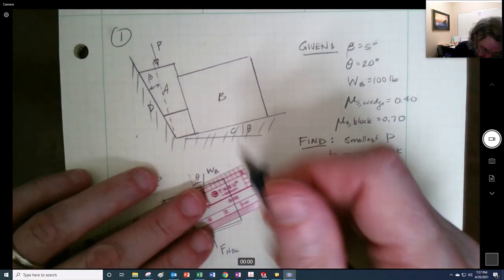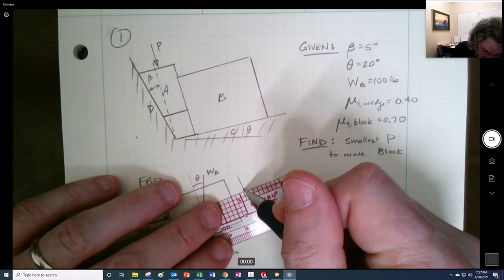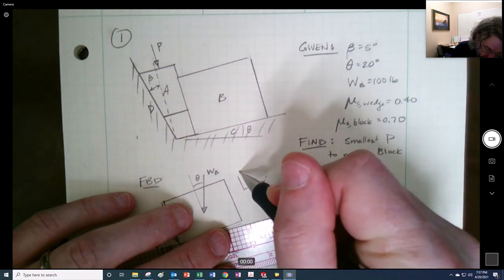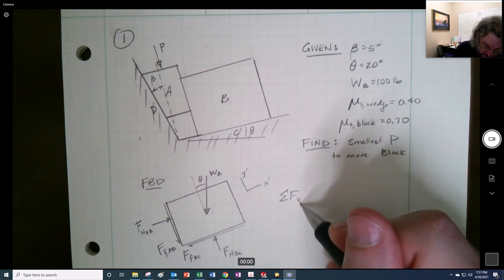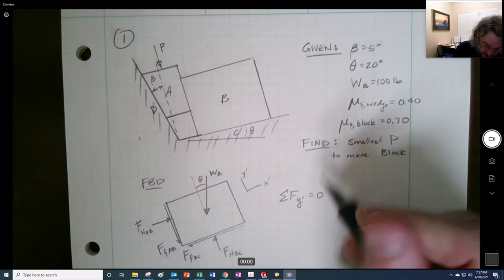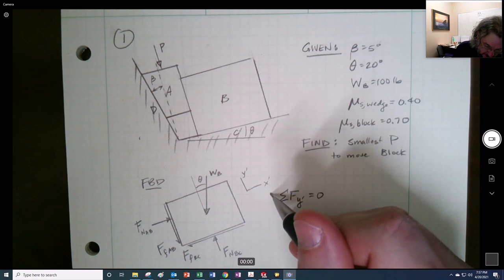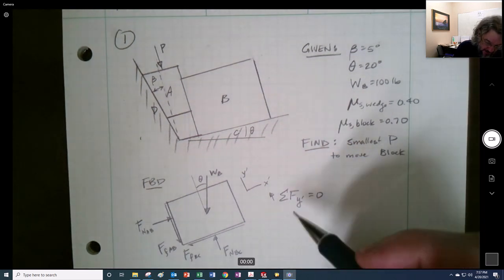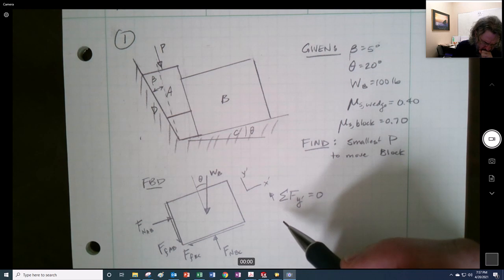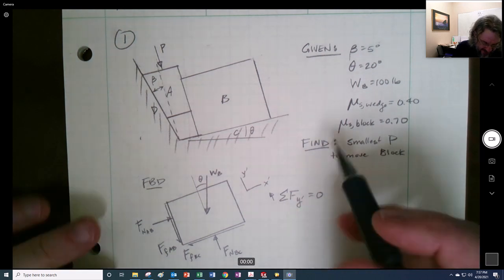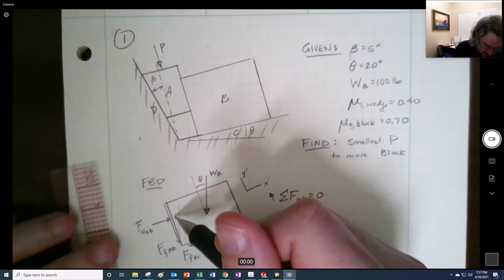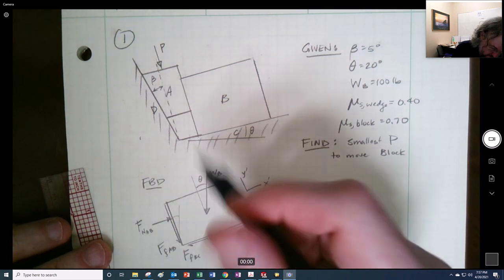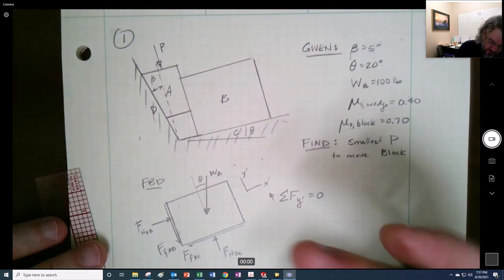All right, so the coordinate system here will align X prime, Y prime. So the sum of the forces in the Y prime direction equals 0. We don't need any of those angles, do we?